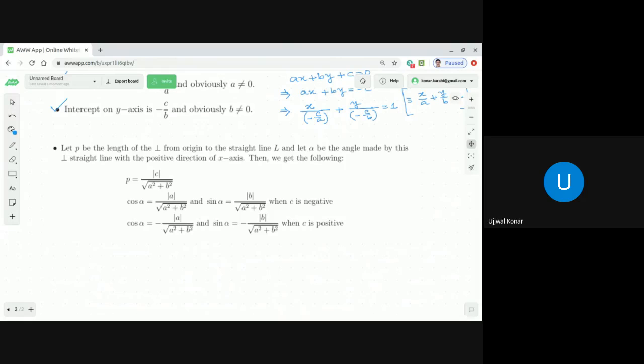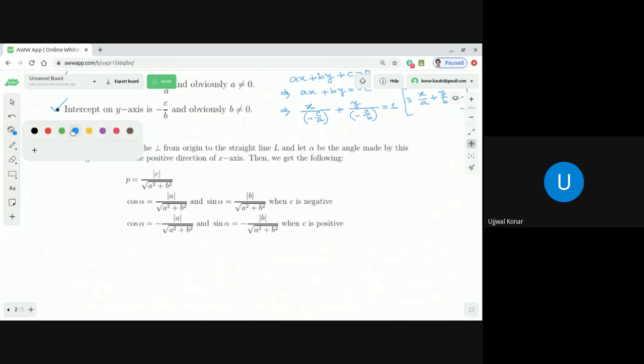So what is meant by that? That if p be the length of the perpendicular from the origin to the straight line L, and alpha be the angle made by this perpendicular with the positive direction of x-axis. Then what does it mean?